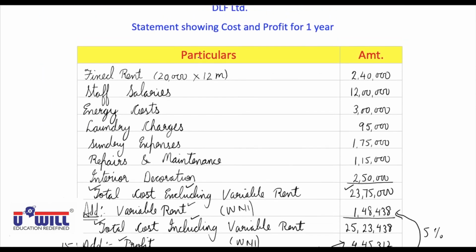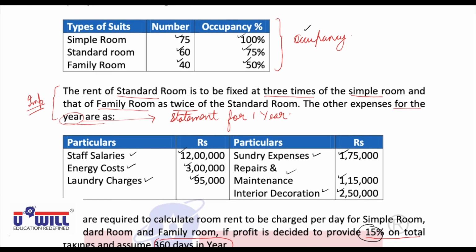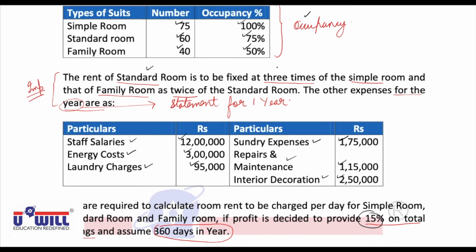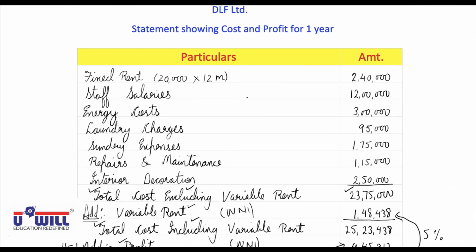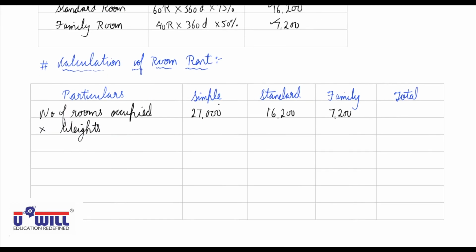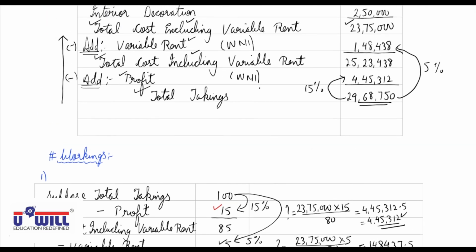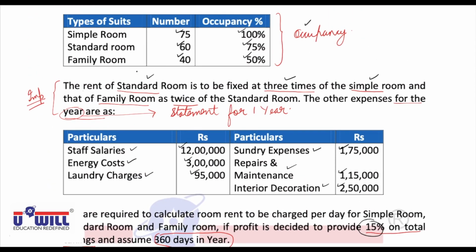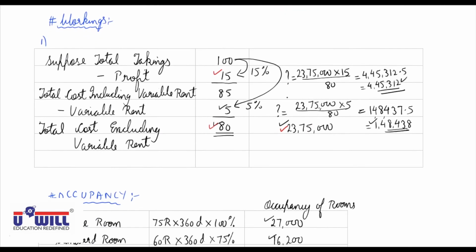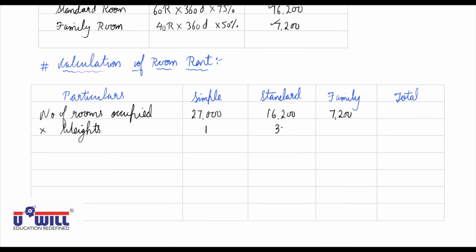So importance is given here in the second paragraph. Standard room is 3 times more important than simple room. The rent is 3 times more than the simple room. So suppose simple room's rent is 1. Standard room is 3 times, so 1 into 3, 3. And family room is twice of standard room. Standard is 3, so twice of that, 3 into 2, would be 6.